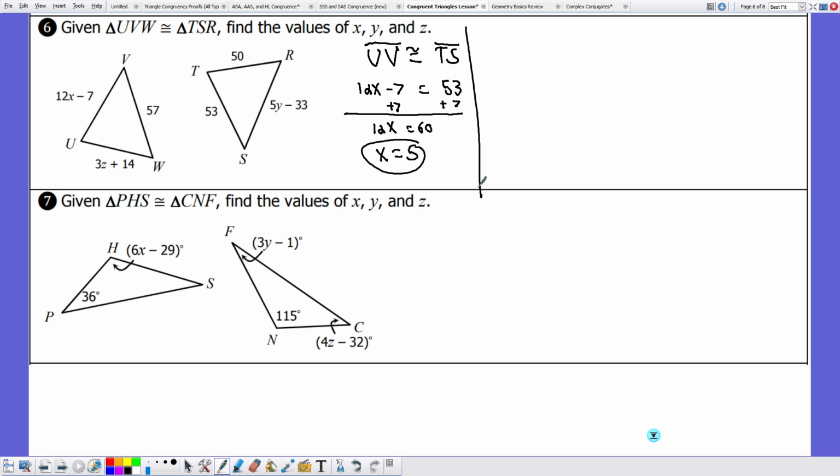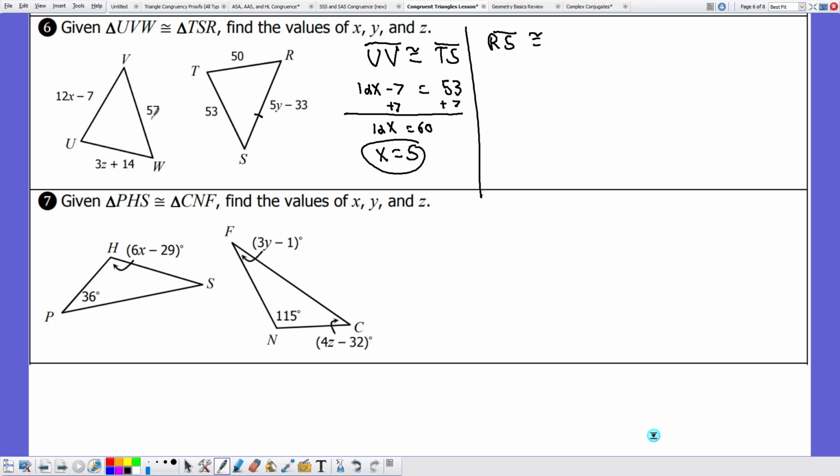So let's move on to solve for y. The expression that has y in it would be the length of RS. RS would be congruent with, well, RS matches up with the last two letters, WV.